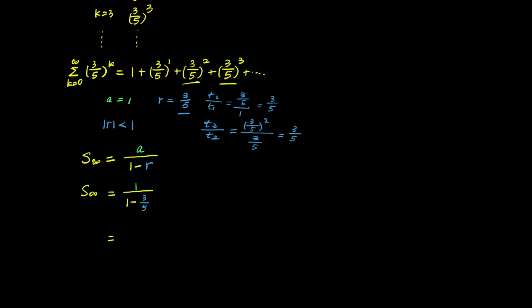So now we have 1 over 1 minus 3 over 5, which is 2 over 5. This equals 1 times the reciprocal of 2 over 5, which is 5 over 2. So S infinity equals 5 over 2.